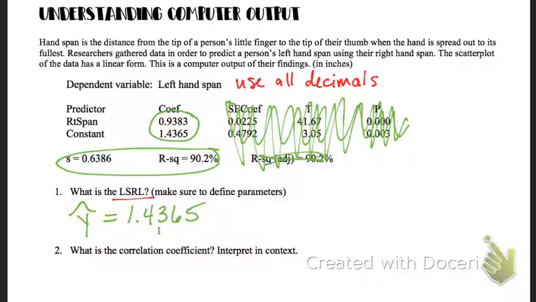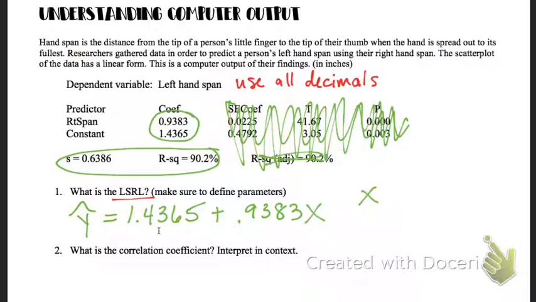So if it went out 8 decimal places, do not round it. Use all 8 from what it gives you. So it would be 1.4365 plus what? 0.9383x. And then I'm going to make sure to define my parameters.